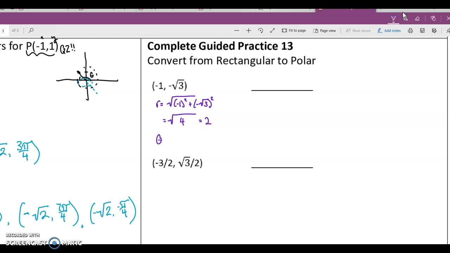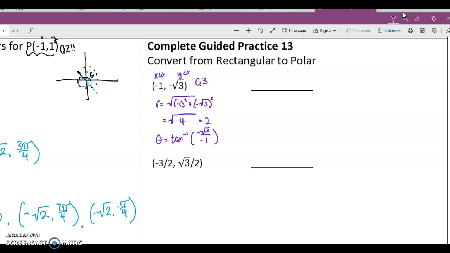And then theta is going to be equal to tan inverse of negative square root of 3 divided by negative 1. So remember this here, since my x is less than 0 and my y is less than 0, this is in quadrant 3.